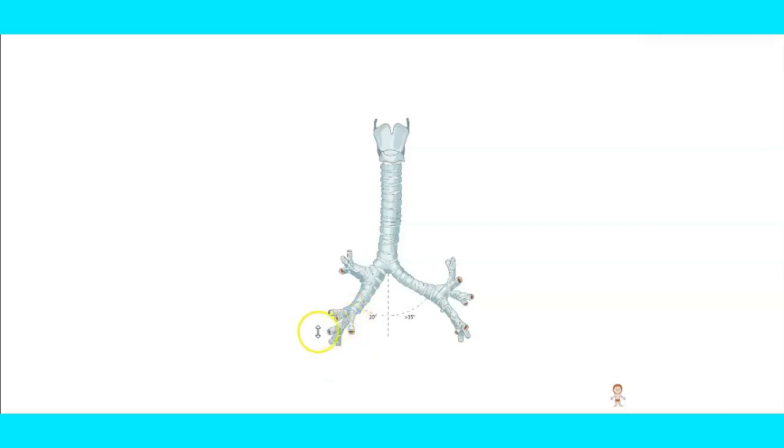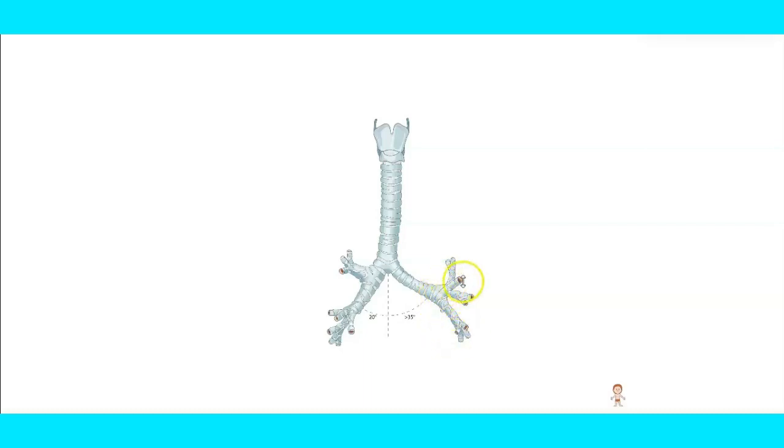Now, when we talk about the left side, we have this primary bronchus that divides into two secondary bronchi. Do you get? Into two secondary bronchi, the superior for the superior lobe and the inferior for the inferior lobe.